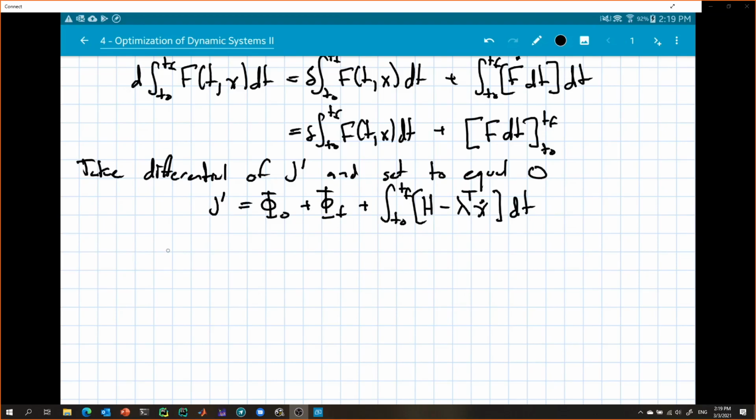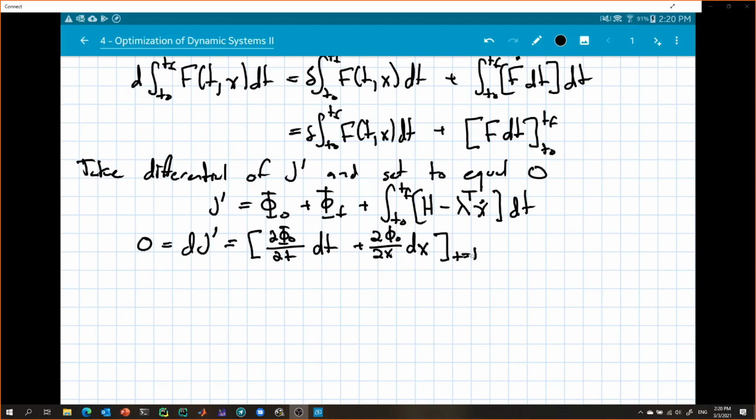Okay. So we got 0 is equal to dJ prime. And now we're going to take the differential for the first time. So what that looks like is the partial of phi naught over partial t dt plus partial phi naught over partial x dx.